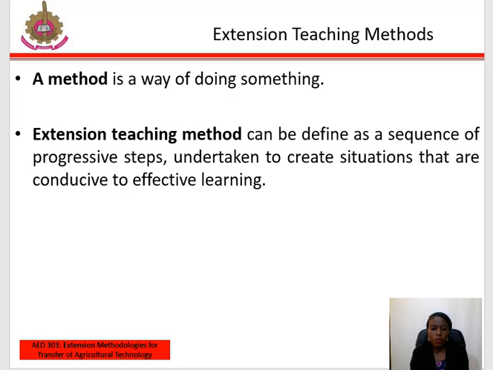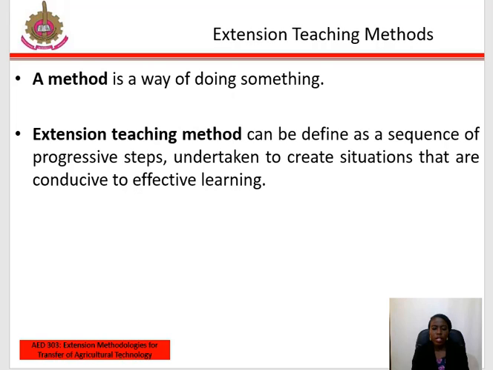It involves a sequence of progressive steps in an orderly and logical regularity in order to accomplish some task or purpose. While, on the other hand, extension teaching method is defined as a sequence of progressive steps undertaken to create situations that are conducive to effective learning.